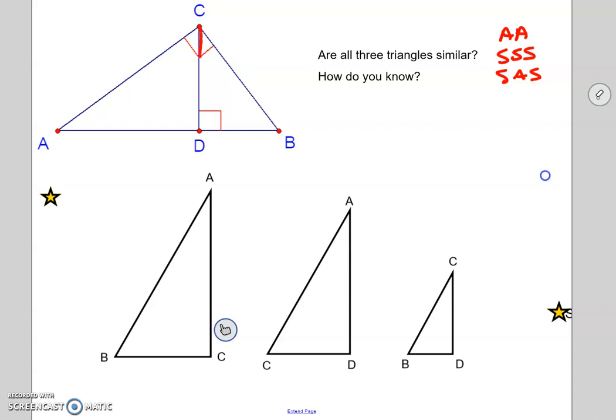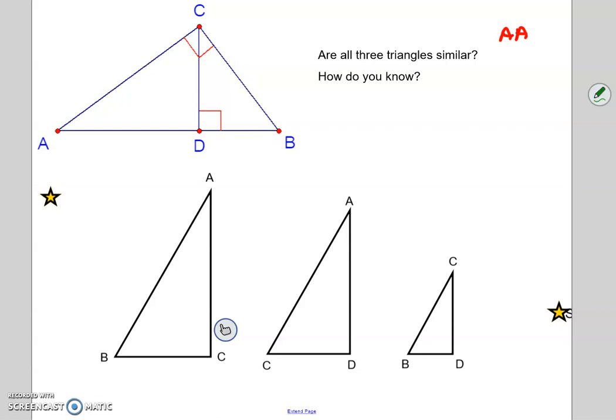I guess you could say that this side is the long side of the small triangle, and it's going to be congruent with itself, the short side of this medium triangle, but that's about the only thing we really know in terms of sides. So I'm not going to be using side-angle-side or the side postulates. I'm going to be looking at angles that are the same in all of these, and hopefully we've got enough to use the angle-angle theorem.